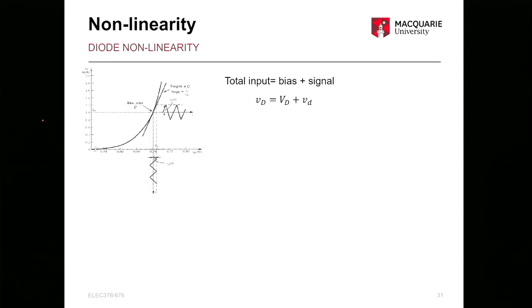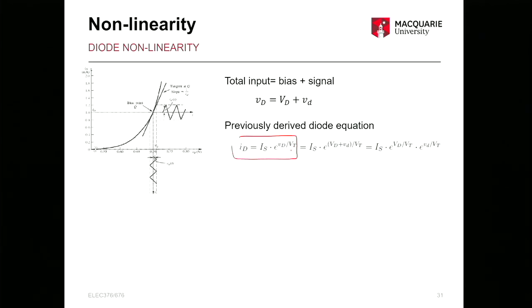And this just shows why the diode generates nonlinear components, because we know the diode equation. ID is IS e power Vd divided by Vt. Vd is the total input voltage, which includes the DC and the signal voltage, or Vd is equal to the DC part plus the AC part.